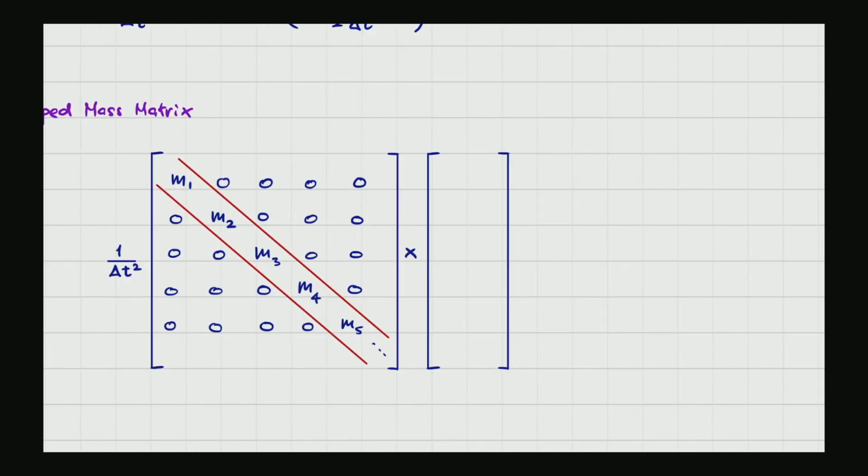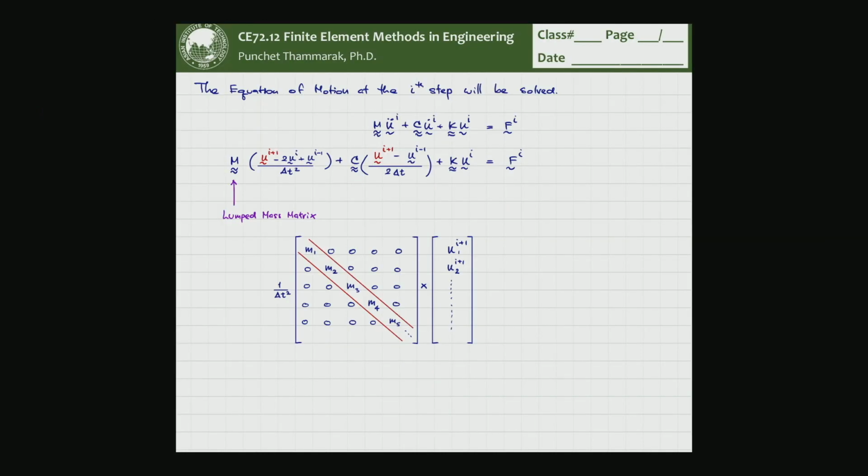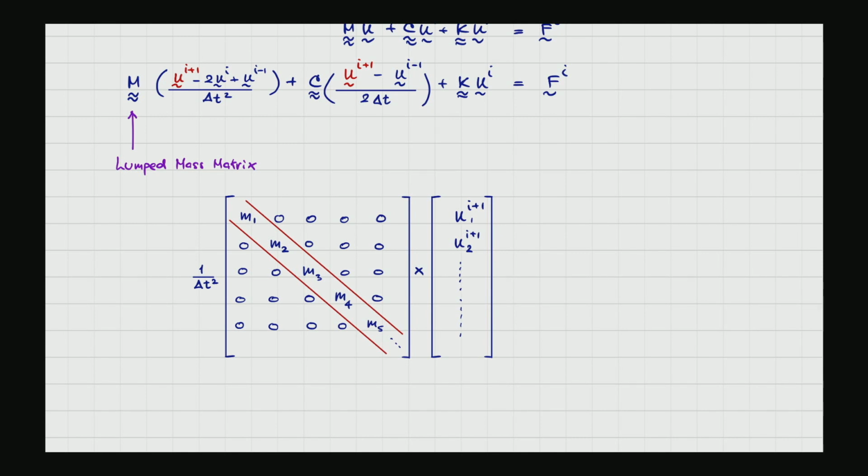So this is u at step i plus 1 at node or degree of freedom 1, u i plus 1 at DOF 2, and so on. So this is what's going on here. This u is going to be changed into the red color, so you see the correlations with the above.